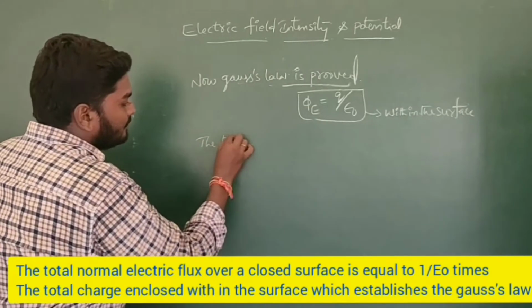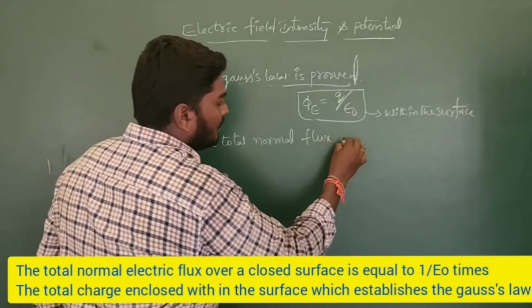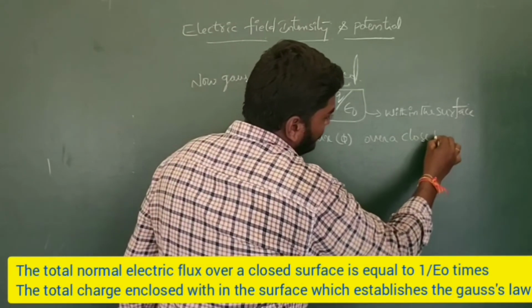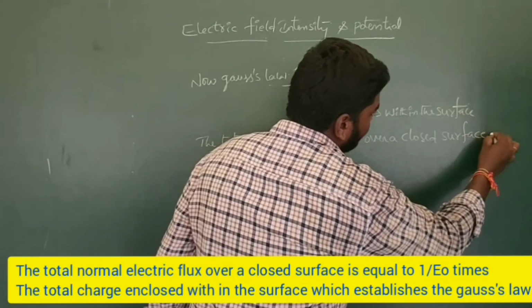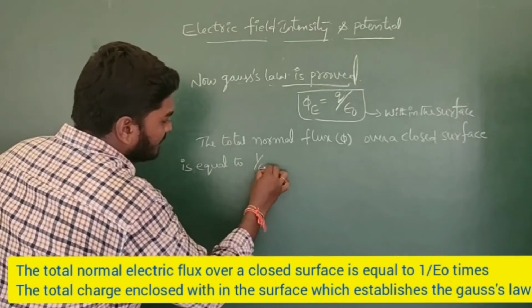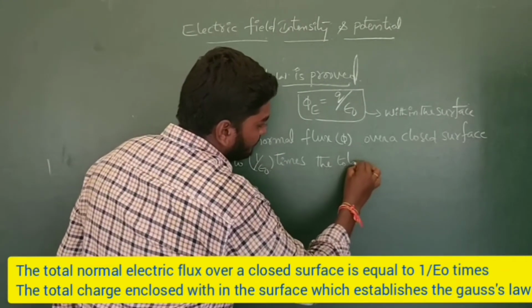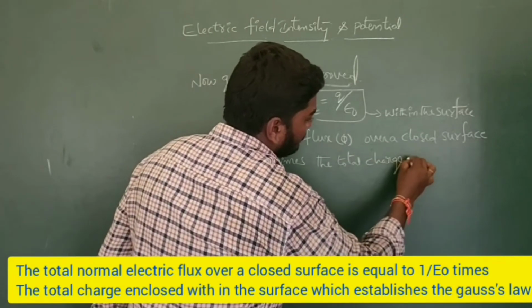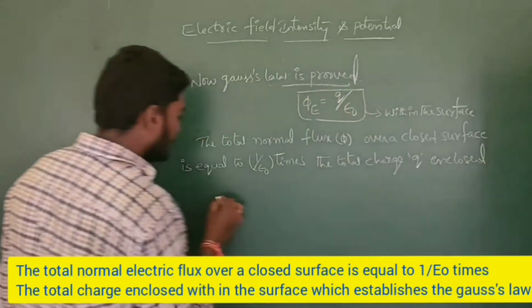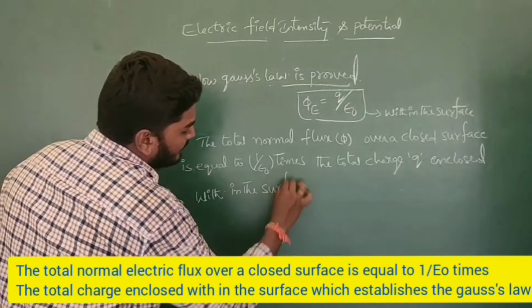The total normal flux over a closed surface is equal to 1 by epsilon naught times the total charge q enclosed within the surface.